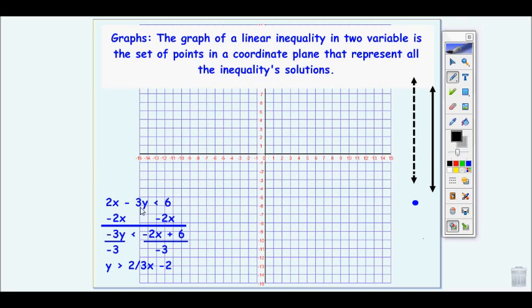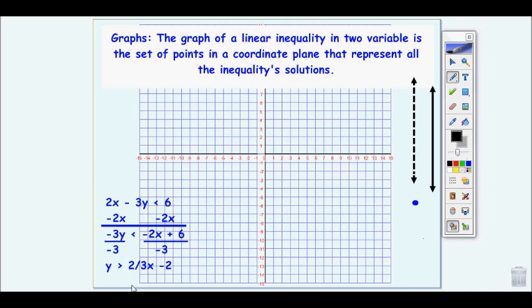We're going to start out with the one we used for our first example, 2x minus 3y is less than 6. We're going to put it into slope-intercept form. So we're going to get rid of our 2x on that side. We end up with negative 3y. We want to solve for a single y, so we divide both sides by negative 3, and we get y is greater than 2/3 x minus 2.